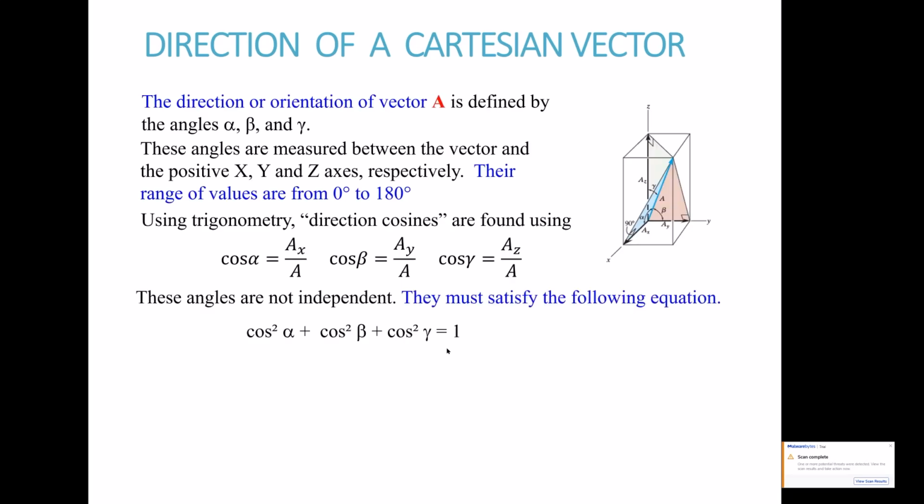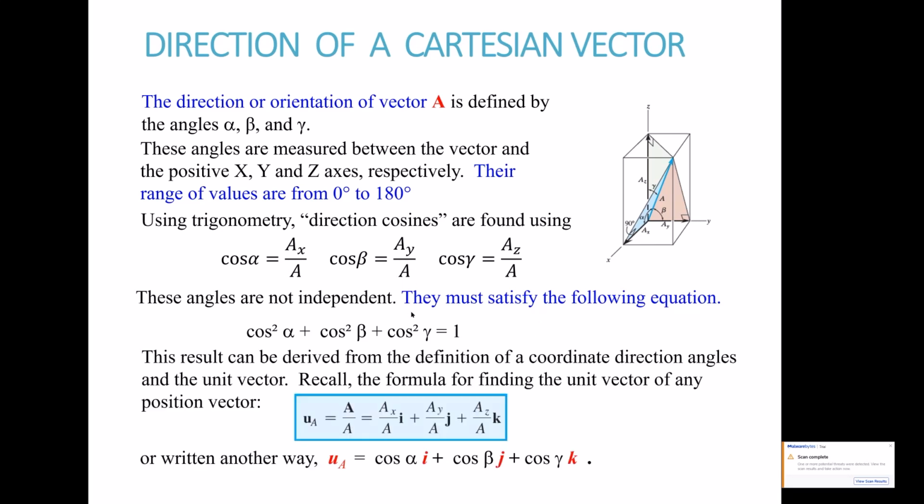Okay, so here's another example, and this is where we start to look at the idea of a direction cosine. With direction cosines, if you think about breaking up this vector, let's say this blue line is A, and looking at it from the perspective of having a plane in each of the axes.